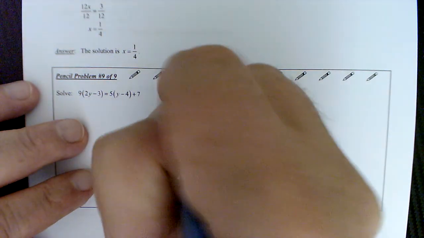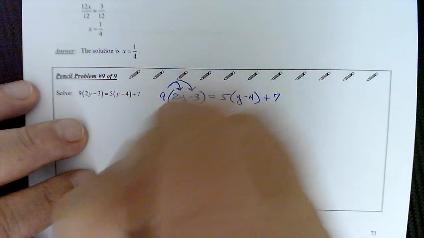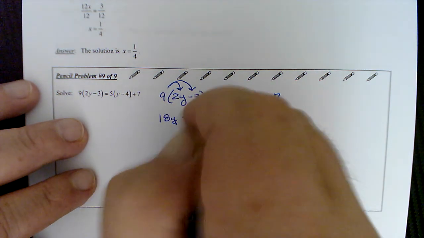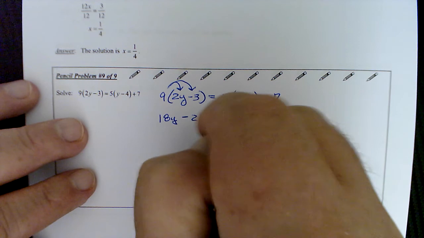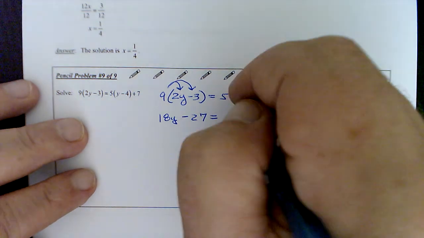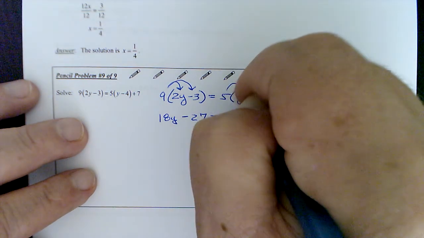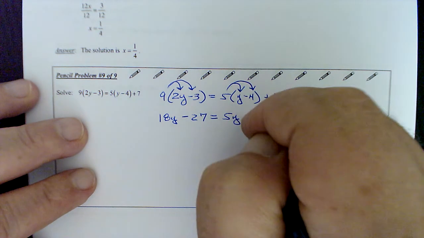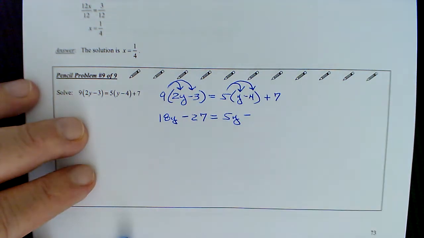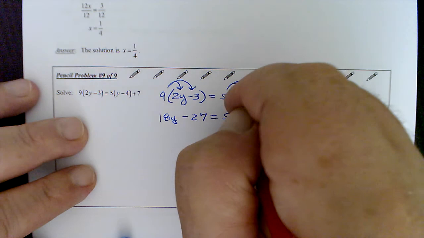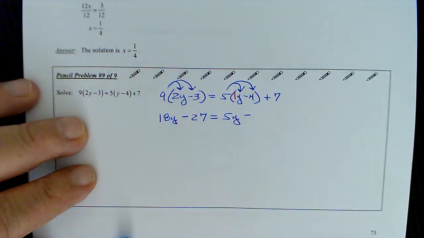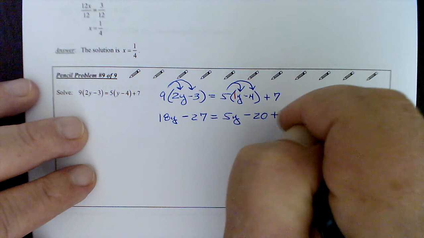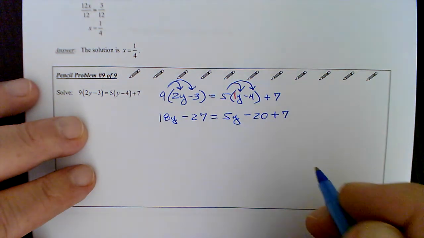First with the 9, multiplied by 2y gives 18y, distributed 9 times negative 3, negative 27, equals, distribute the 5, times y, 5y, you can put the little 1 in there again if you like, and 5 times negative 4, negative 20, and plus 7.